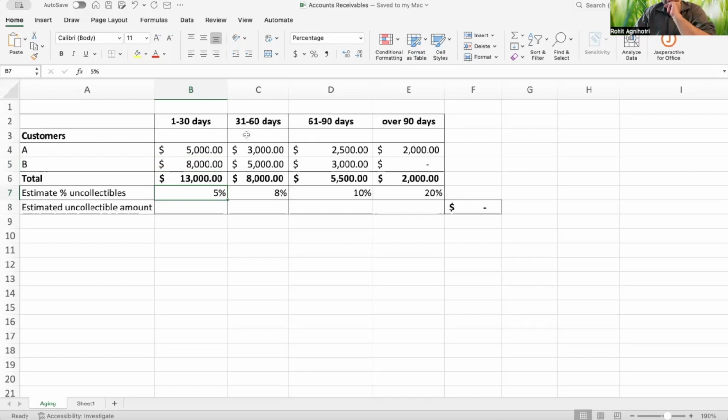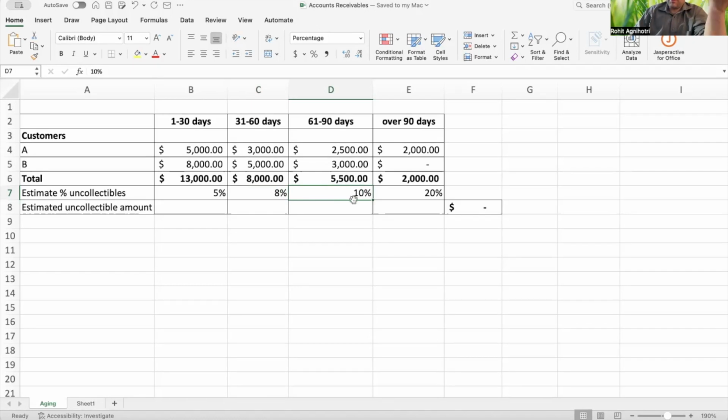Then you say, okay, let's look at the 31 to 60 days one. Well, we have about $8,000 total. We think that 8% of this amount is not going to get paid. And then you take another step. You say, well, 61 to 90 days old balance, it could be that 10% of this amount might not get paid.